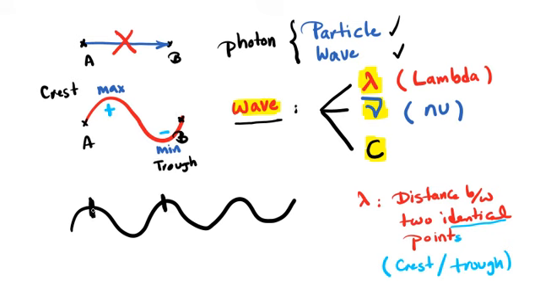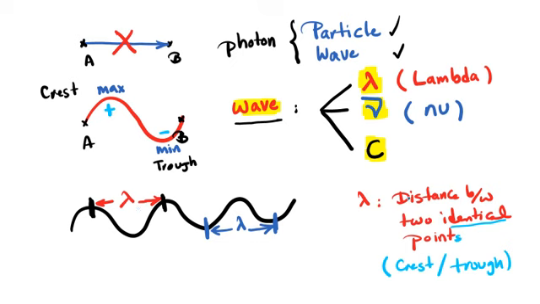The distance between these two, I'm going to call lambda. You may say I'm going to pick this trough and this trough, so you call that one lambda. Both are the same. It's up to you. You may pick two min or two max for your lambda determination.